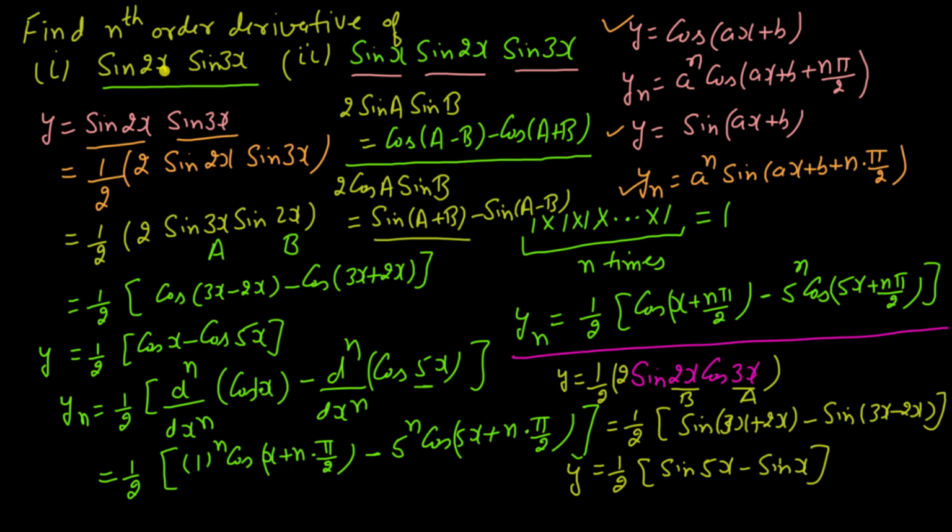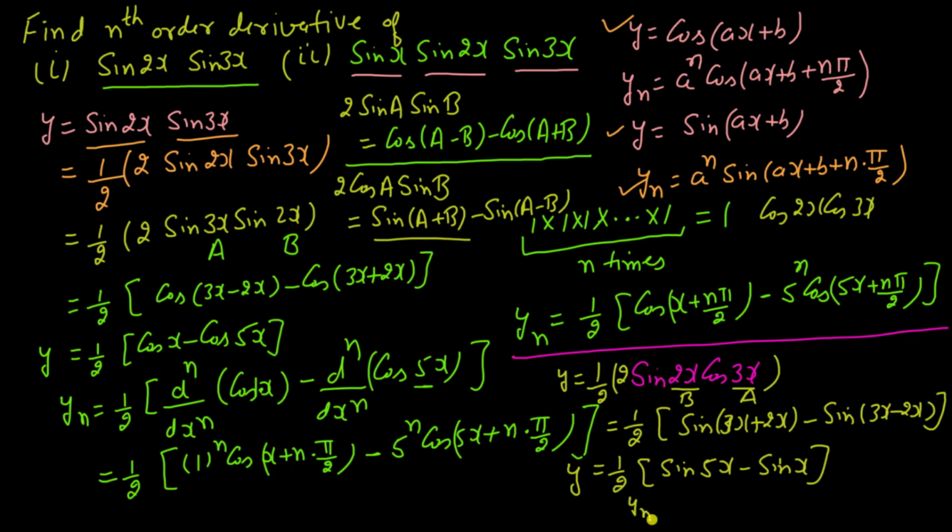So in this way, the product of any two elementary functions is handled. If it is cos 2x cos 3x, you can easily write it, and after putting it into this form, where it is a sum of two elementary functions, you can easily calculate its nth order derivative.